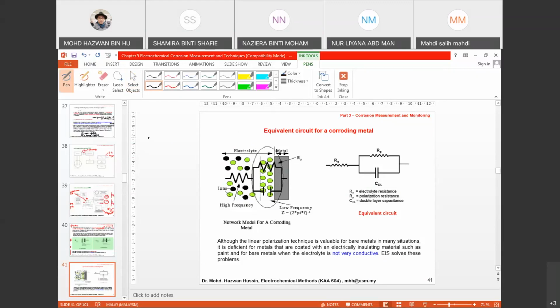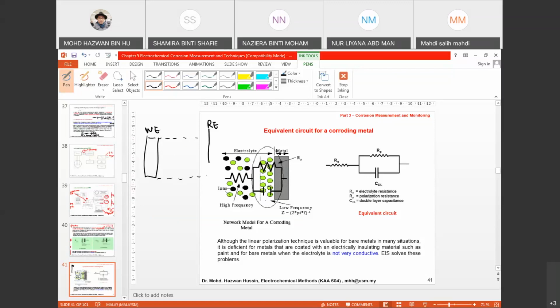Imagine what you have learned so far about the interface: you have your working electrode, and this is where your reference electrode will be placed. All the interface processes occur between these two electrodes. Migration and diffusion all occur here and will be captured. For EIS, what is important is to know the mechanism, the diffusion, and the charge transfer process that happens here.